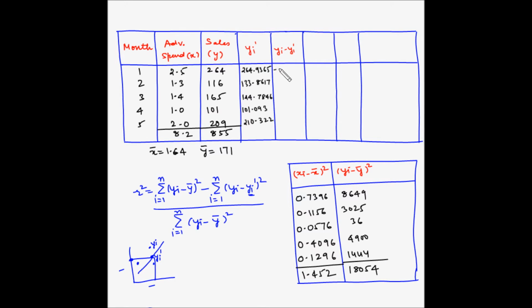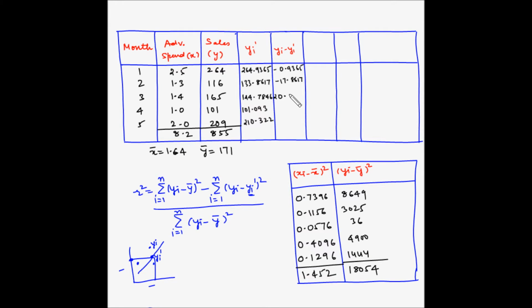So this is minus 0.9365, minus 17.8617. So basically what I'm doing is this term 116 minus 133.8617, and this is the value. Similarly 165 minus 144.7846.